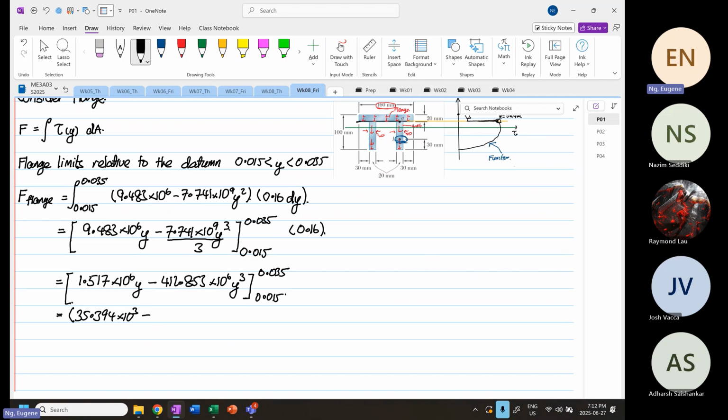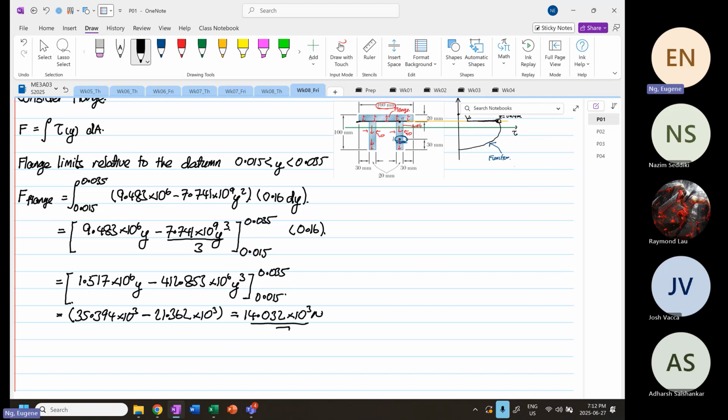And then we subtract 1.517 times 10 to the power 6 times 0.015 minus 412.853 times 10 to the power 6 times 0.015 cubed, which is equal to 21.362 times 10 to the power 3. So 35.394 minus 21.362, times 10 to the power 3, is equal to 14.032 times 10 to the power 3 Newton.